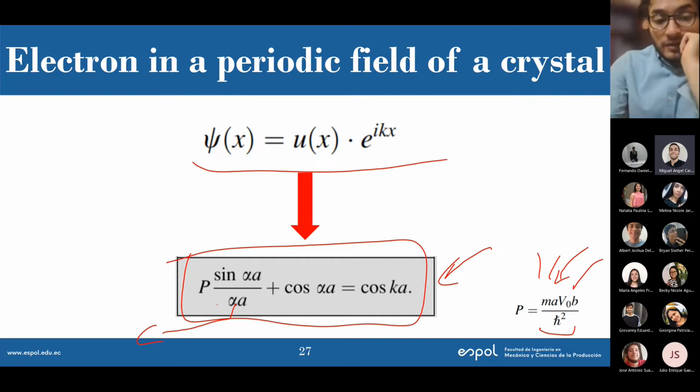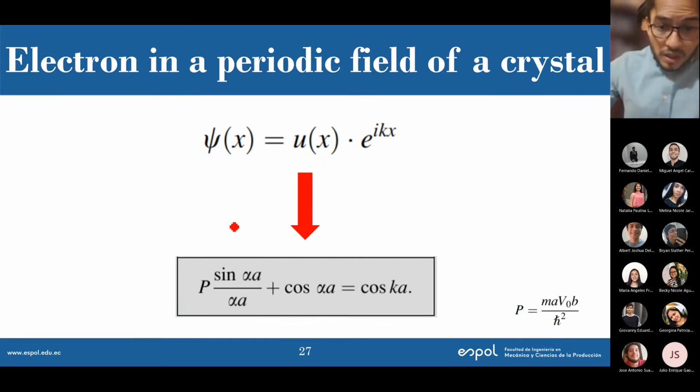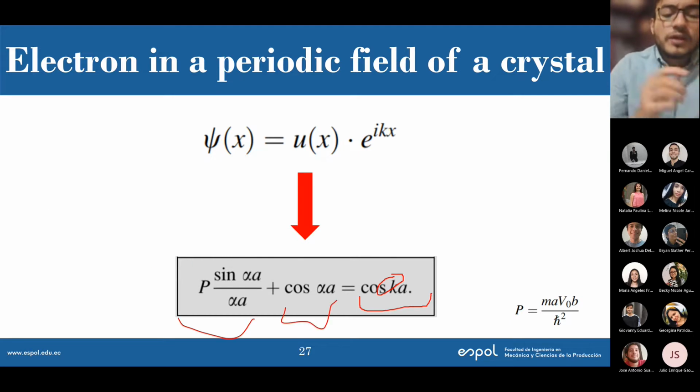Because I have to satisfy this term. Remember that k is not arbitrary, right? k is also a value that depends on lambda. k is the wave vector. And I have to satisfy cosine of the wave vector times the lattice constant. That must be equal to this term. Yeah, it's a complicated term, right?